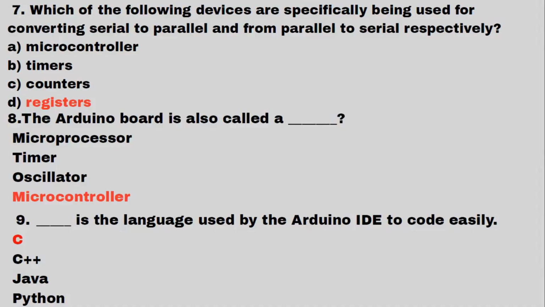Please remember, an Arduino board is nothing but a microcontroller embedded system. Question number 9, fill in the blank: the language used by the Arduino IDE to code easily. The correct answer is C. Please remember, on the Arduino IDE you can code with the C language.